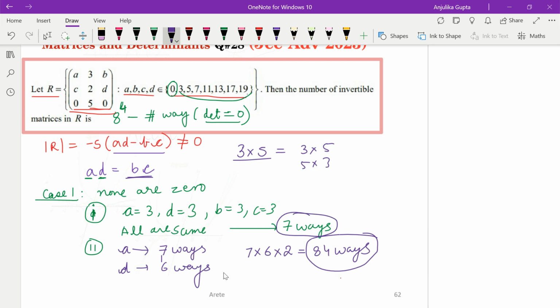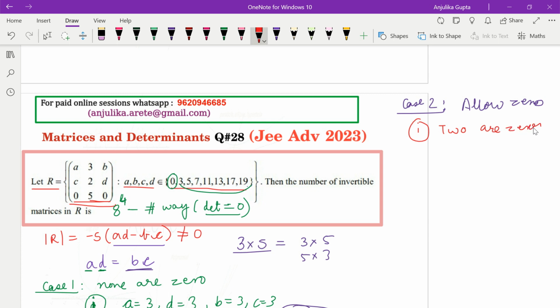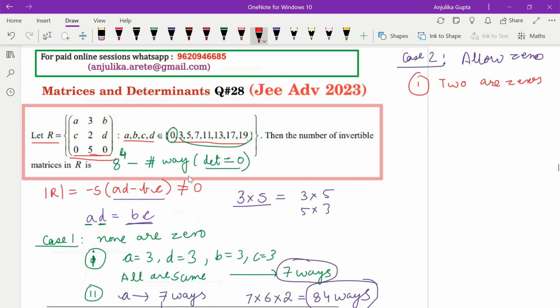So non-zero is okay. Now let's go to case 2, in which you are allowing 0. Again you have to take cases of how many are 0. Let's say two of them are 0. Can you allow just one to be 0? No, because you want AD equal to BC. If you allow A to be 0, that means your right hand side is 0, so either B or C has to be 0.